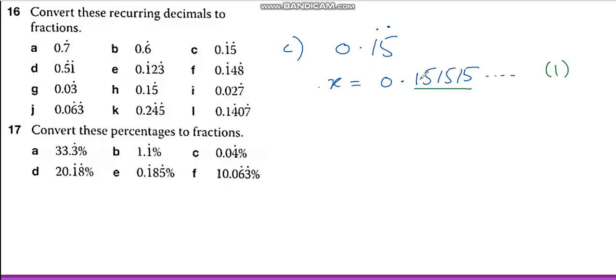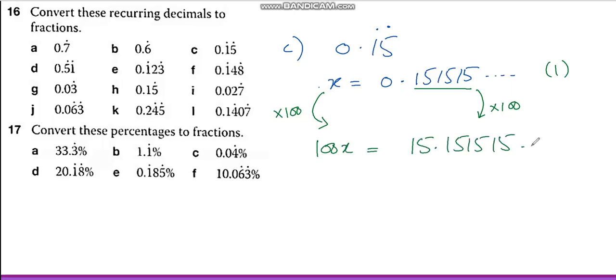This time 2 digits are being repeated, like 15, so we will multiply both sides by 100. If we multiply both sides by 100, we get 100x on the left side and 15.151515 on the right. You can see that this decimal part of equation 1 can be subtracted from equation number 2.